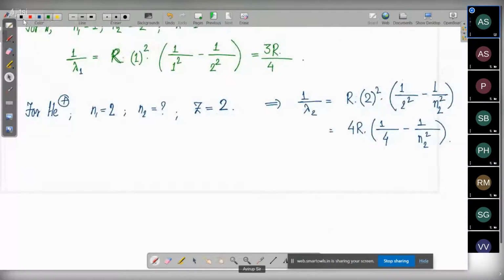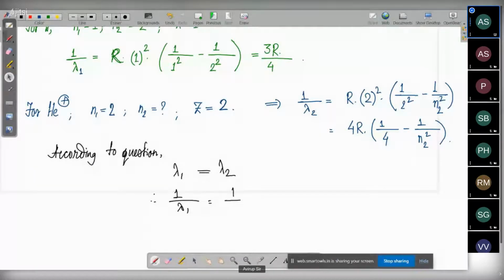So according to the question, lambda 1 is equal to lambda 2. Therefore, 1 by lambda 1 is equal to 1 by lambda 2.